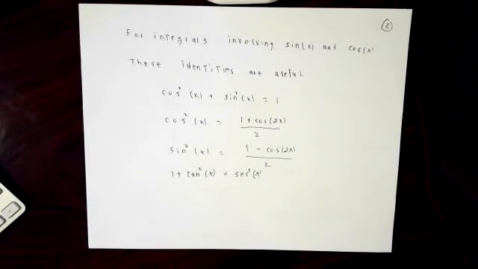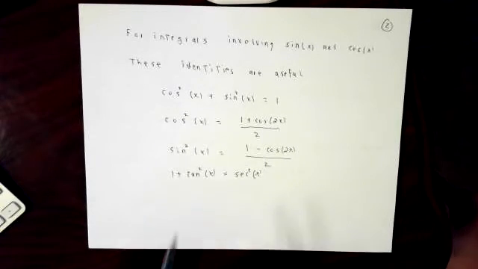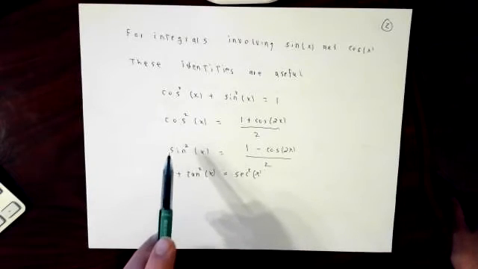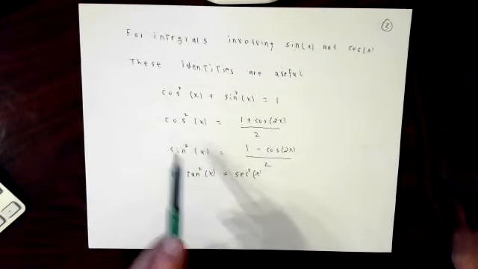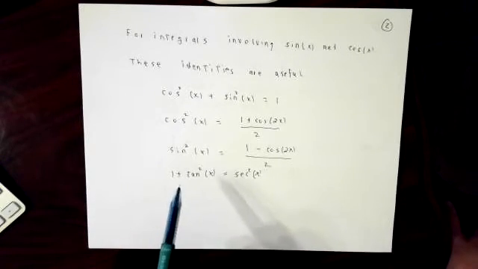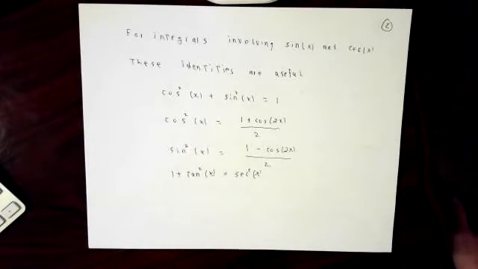For the integrals involving sine of x and cosine of x, we'll have three trig identities that we'll need to know. One of them is the familiar cosine squared plus sine squared equals 1. The second one, if you remember from pre-calculus, cosine squared of x is (1 plus cosine of 2x) over 2, and sine squared of x is (1 minus cosine 2x) over 2.